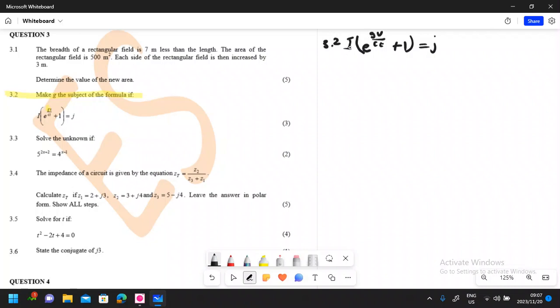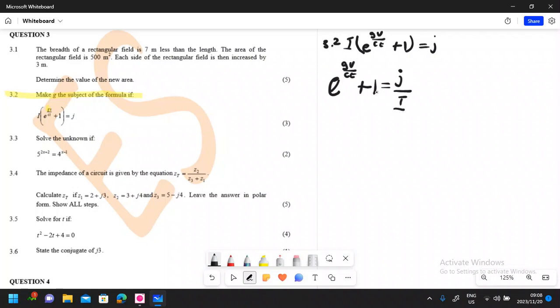So the first thing that you must do here, guys, is divide by I, so that you can remove this bracket. If we divide by this I, we're going to be left with this E here, and then we have GV over CT plus 1, and then we have J divided by I. There we go.